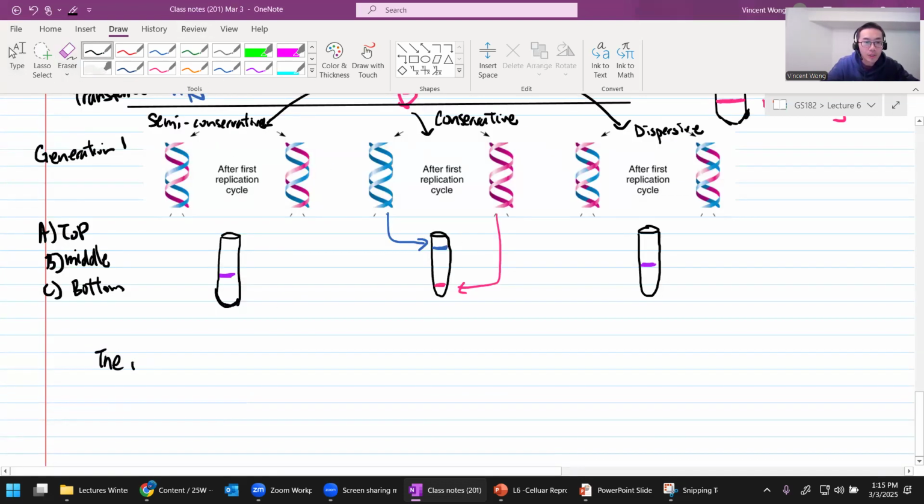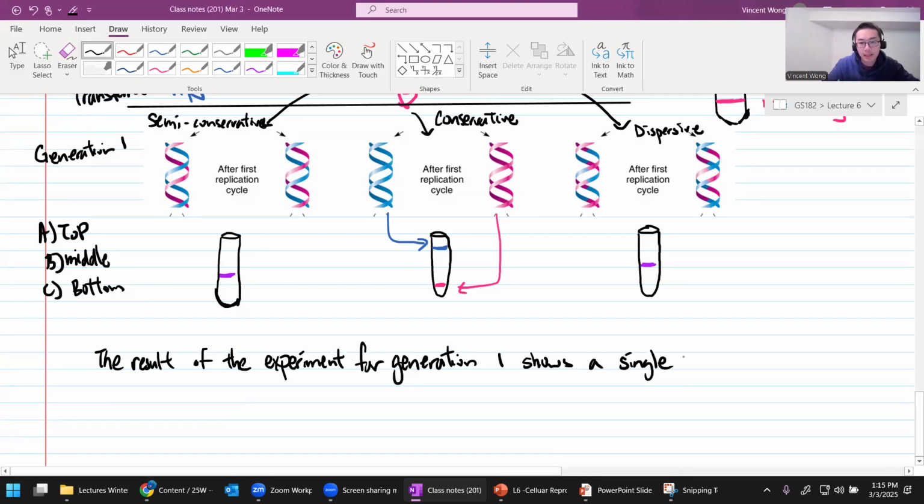The result of the experiment for generation 1 shows a single band in the middle. What does it mean? It means the conservative model is not correct.